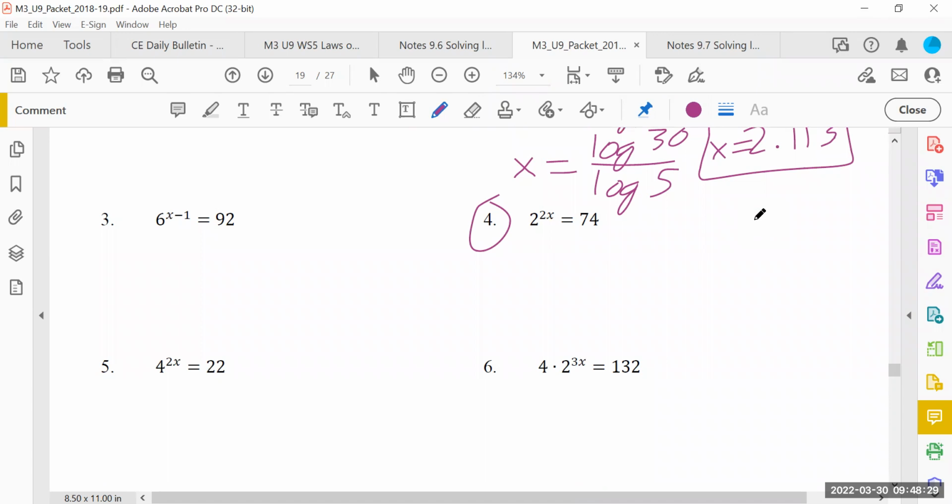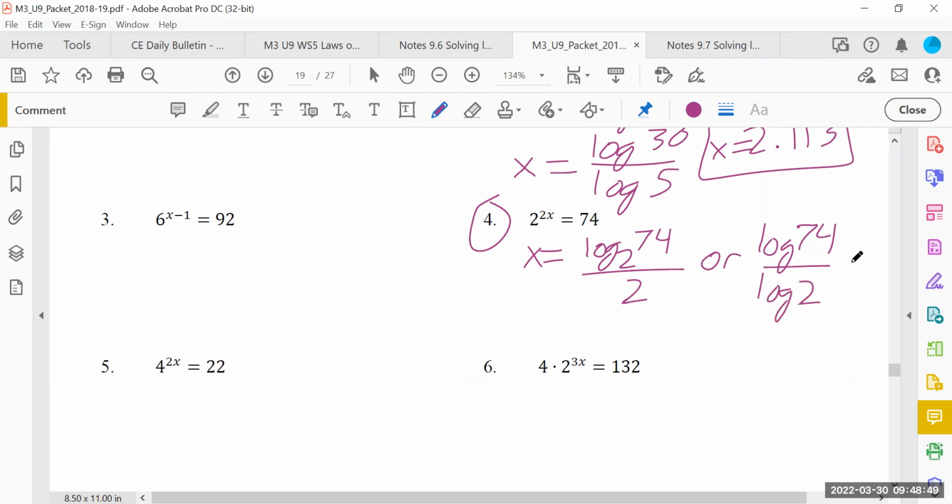Number 4, I'm seeing x is equal to log base 2 of 74, divided by 2. Or log of 74 divided by log of 2, divided by 2. Anybody get a decimal for that one?